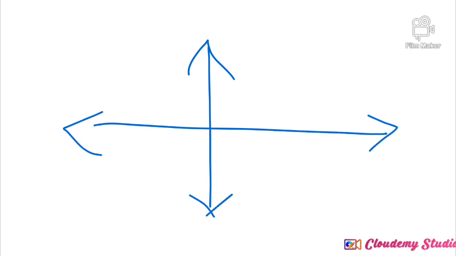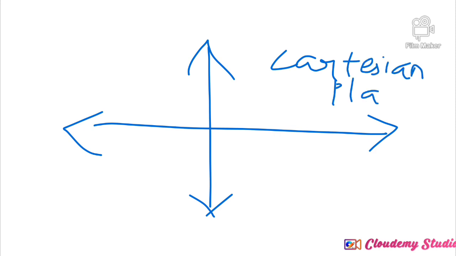Now this is your Cartesian plane. Now this is our y-axis, this is our x-axis. Any point that is presented in the Cartesian plane, say for example over here, this is 0, this is, let it be 2, and let this be 3.